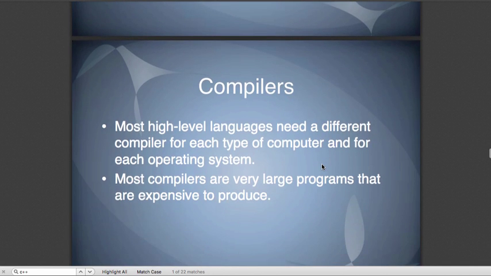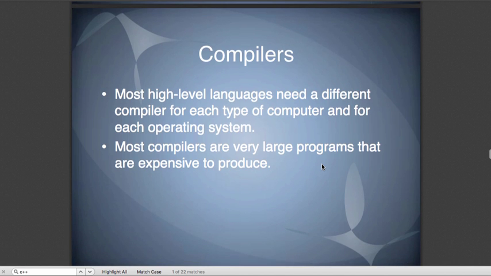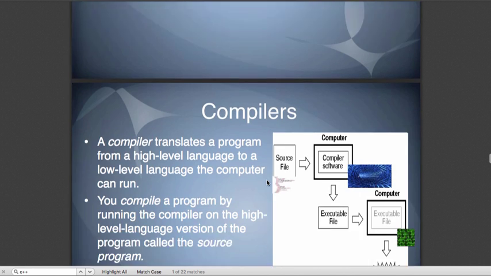Okay, so let's go back to what a compiler is. Most high-level languages need a different compiler for each type of computer and for each operating system, like that picture we saw with C++. Most compilers are very large programs that are expensive to produce.